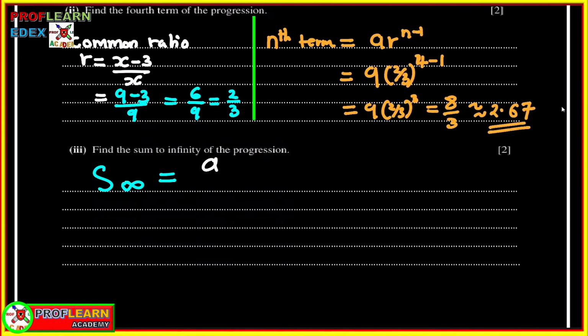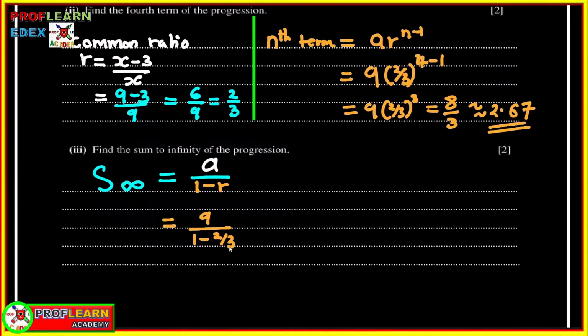Now, sum to infinity is another area that you need to remind yourself. So the formula for sum to infinity is this: first term over 1 minus the common ratio. And this sequence must be converging for you to work out the sum to infinity.